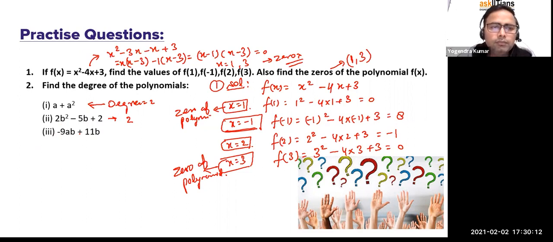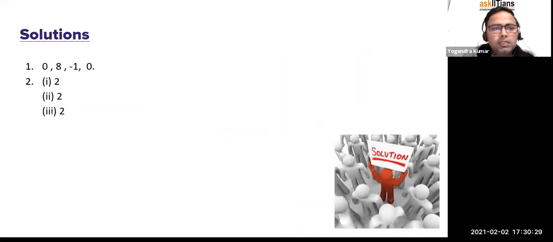Two variables are there, right? So what should we say the degree is? 1 degree for this a and 1 degree for this, so ideally we should call it 2 degree, because two variables are there. This is generally defined in the question, the degree given. So we need to take 2 here, right?